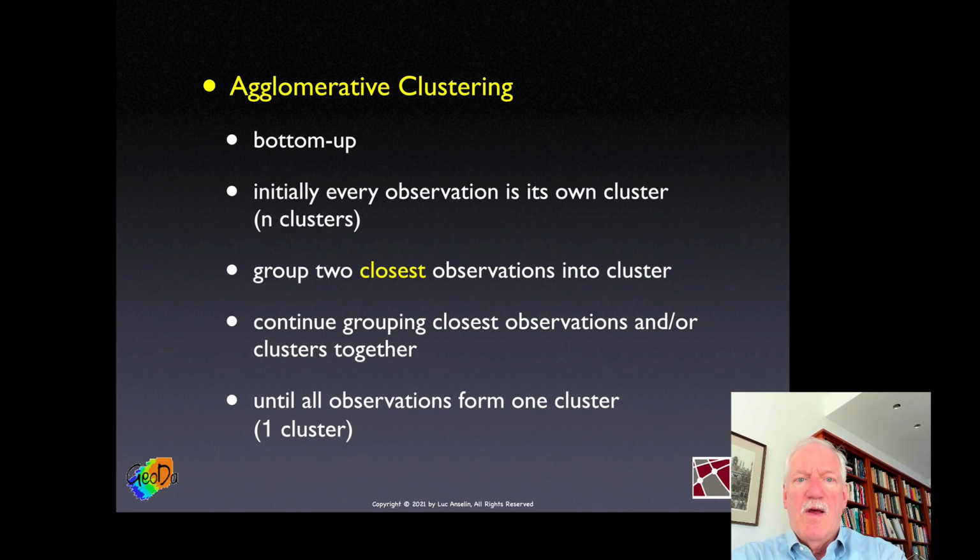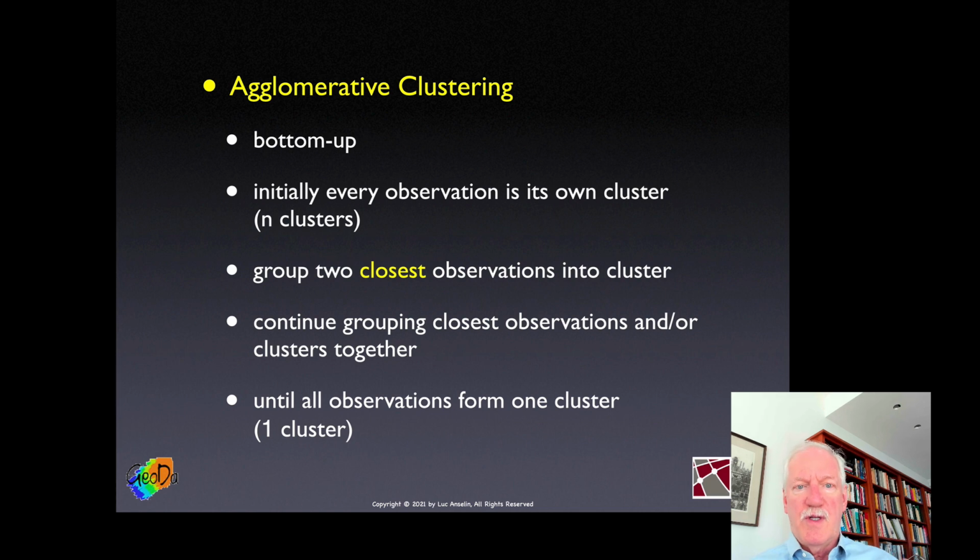And then we continue doing that. Take the next two closest points, or the point closest to the existing cluster, and keep doing this and move up in the hierarchy, so to speak, until we reach the opposite of the starting point, where now all the observations form one cluster, a single cluster.